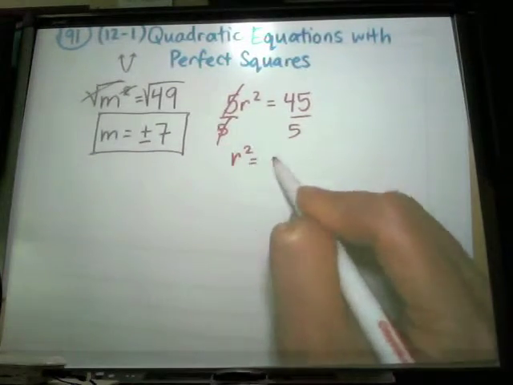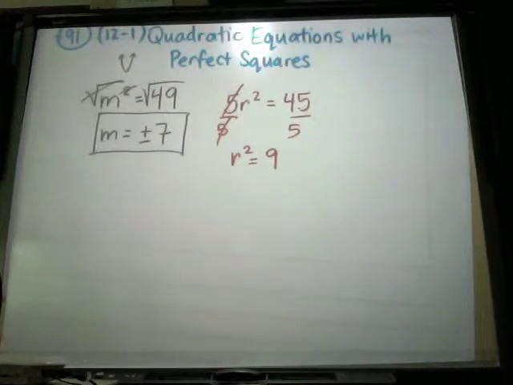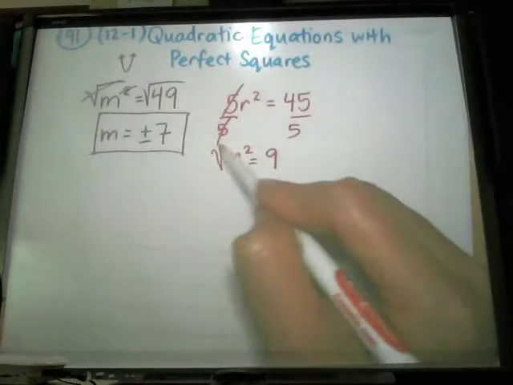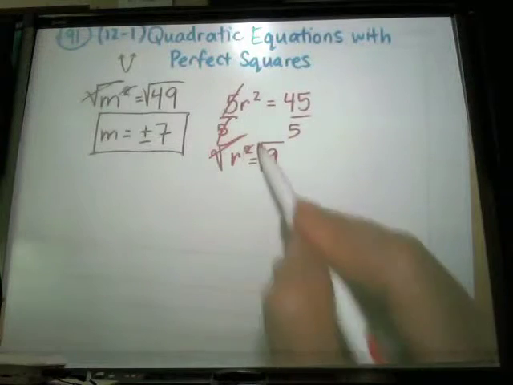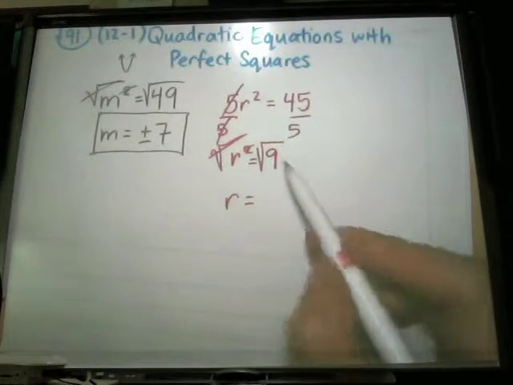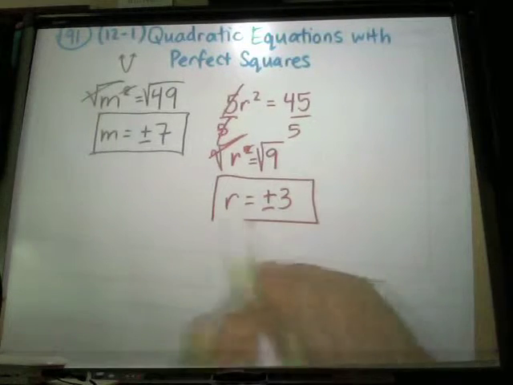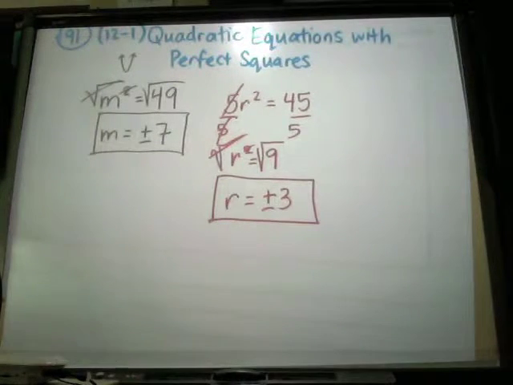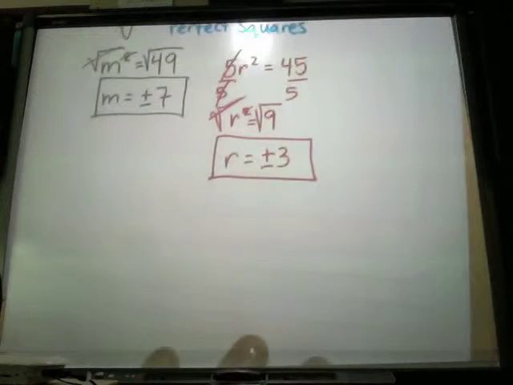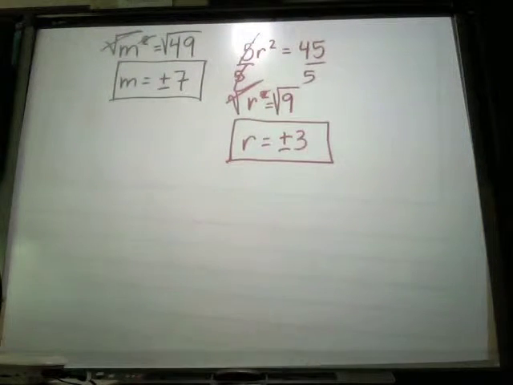R squared equals 9. We take the square root of both sides to get r by itself. And again, instead of 3, plus or minus 3. Okay, hopefully nice and easy so far.